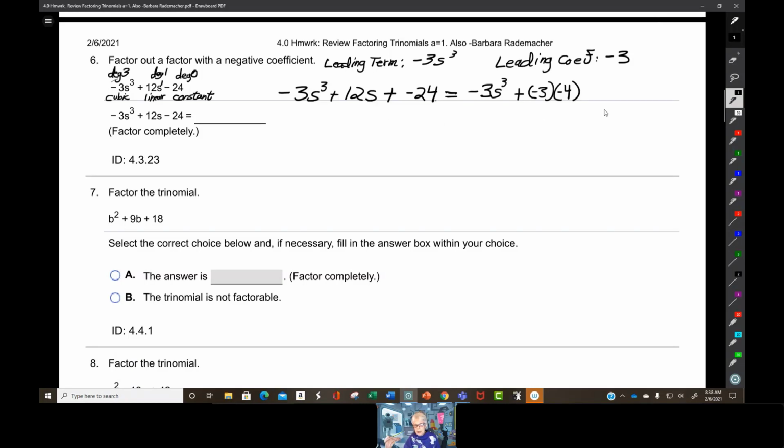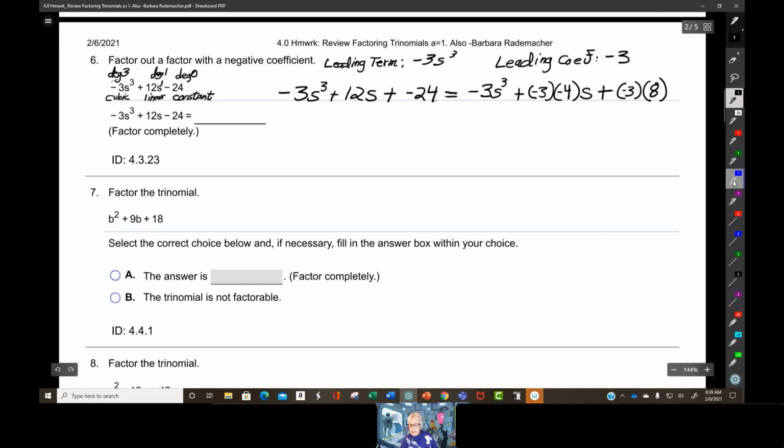And then I have to try to not forget the S. Plus, -24 can be written as -3 times +8. So double check, -3s to the third. This is +12s, yes. And this is -24, yes.